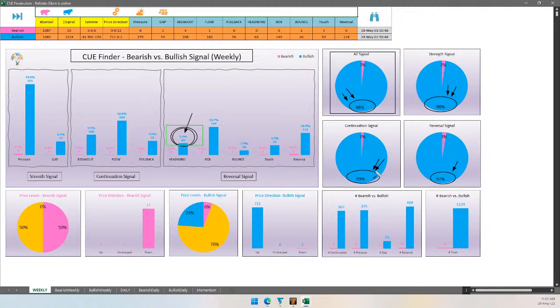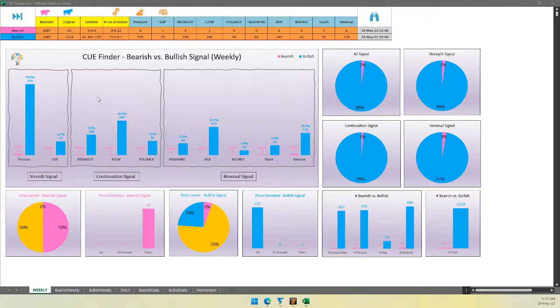However, we were in a very oversold situation. That's why I am not thinking that market is overbought so quickly. And also, once again, the bullish headwind percentage in weekly interval is also giving me more reason to think that market will go up further.